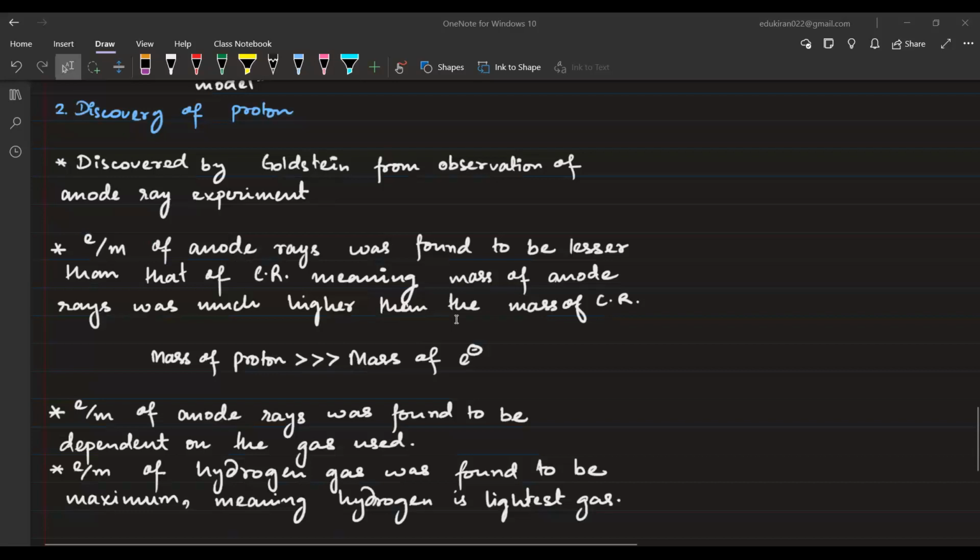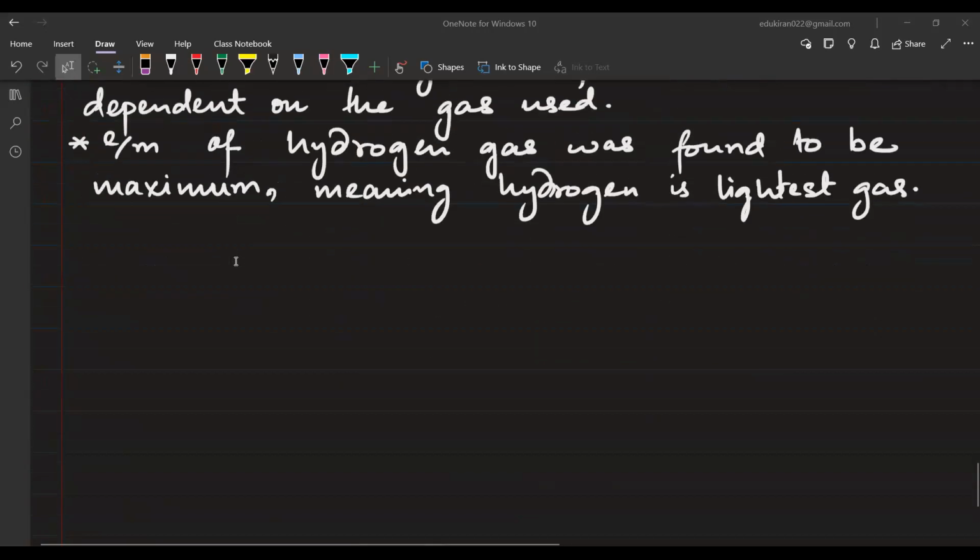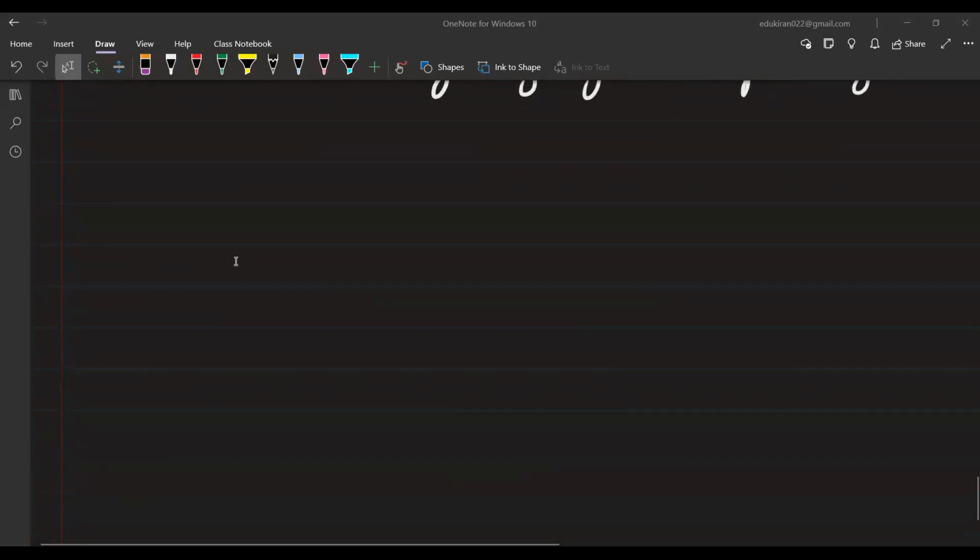Sure, points are clear. Okay, fine. Joel, everything clear, right? Yes, sir. Let us do the third, that is the discovery of neutrons.